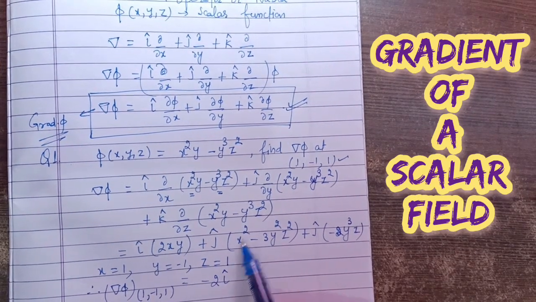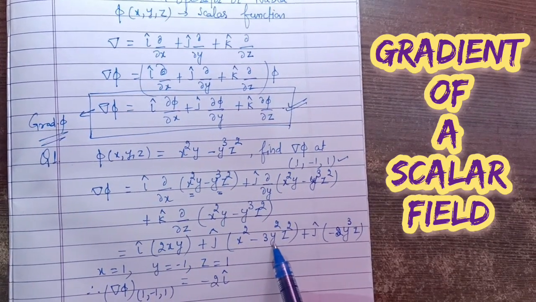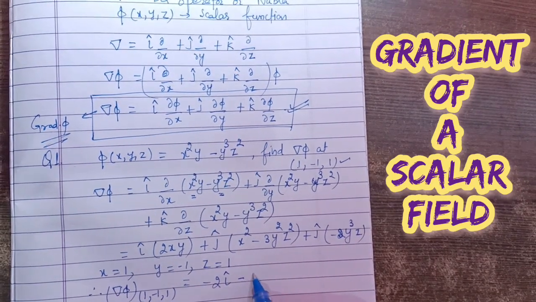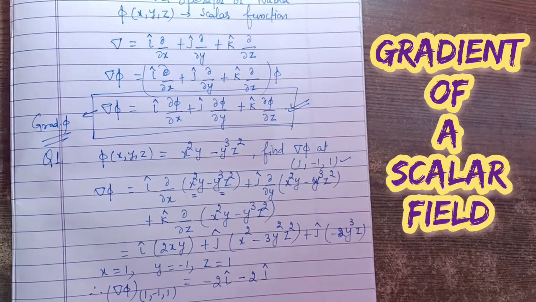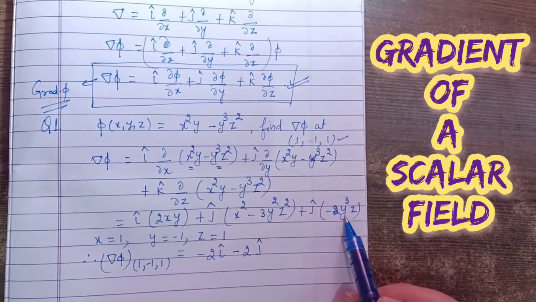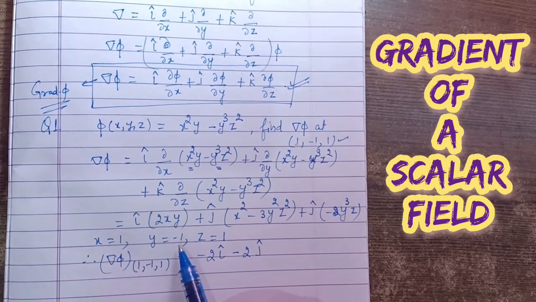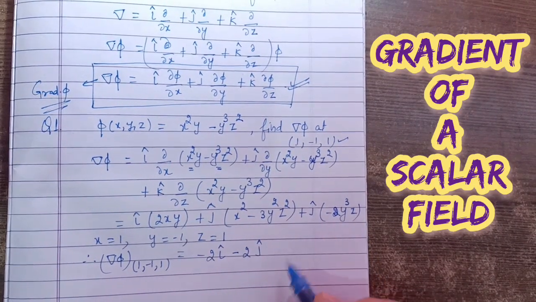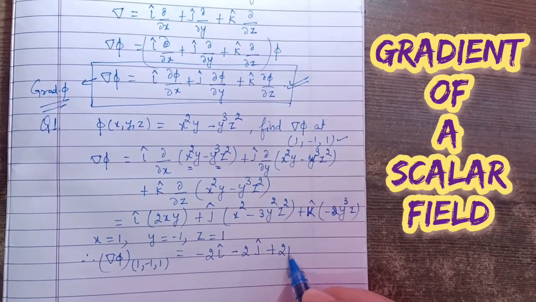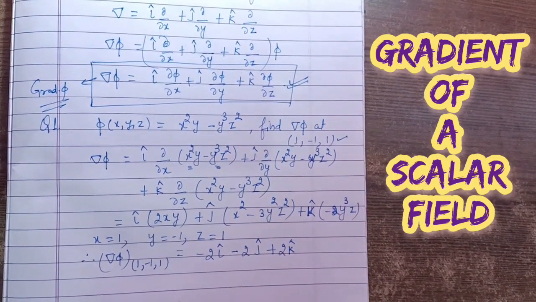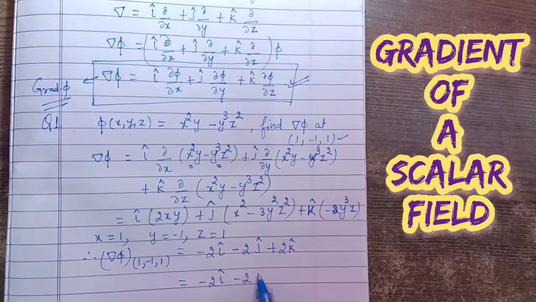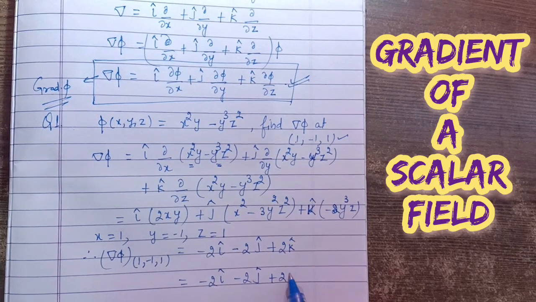It is x square minus 3 y square z square, that is 1 minus 3, so again it is minus 2 j cap, and last one is minus 2y cube z, y cube we get minus 1, z is 1, so it is plus 2 k cap. So we are getting the answer minus 2 i cap minus 2 j cap plus 2 k cap.